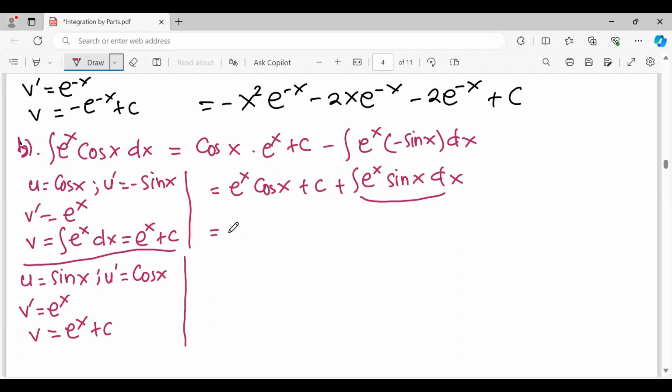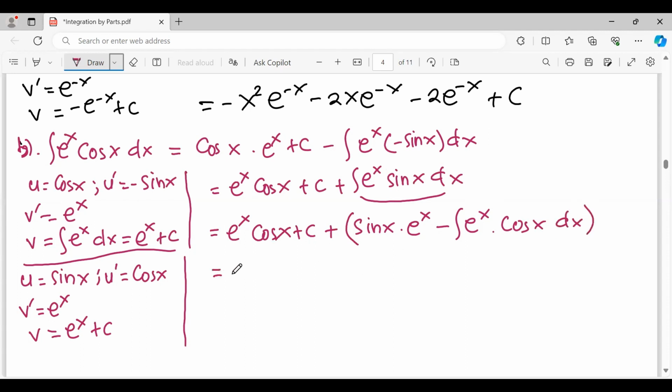So it becomes e power x cosine x plus c, plus u times v, sine x times e power x, minus the integral of e power x times cosine x dx.